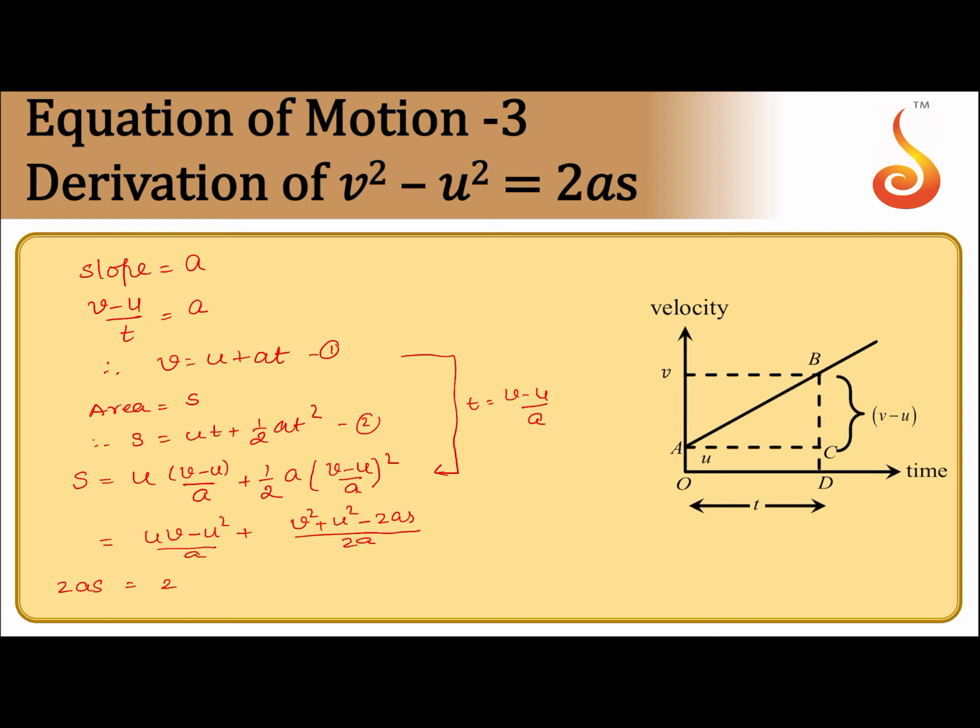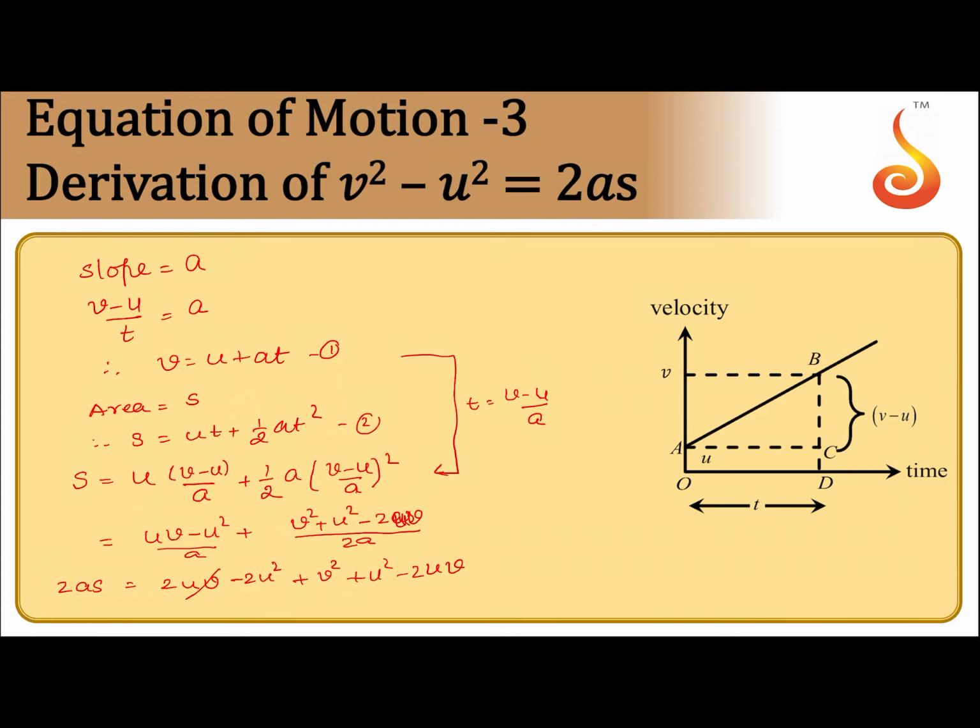So, now what do we have? This is going to be 2uv. So, I have already taken this one. So, 2uv and minus 2u square plus v square plus u square minus 2uv, this is uv.